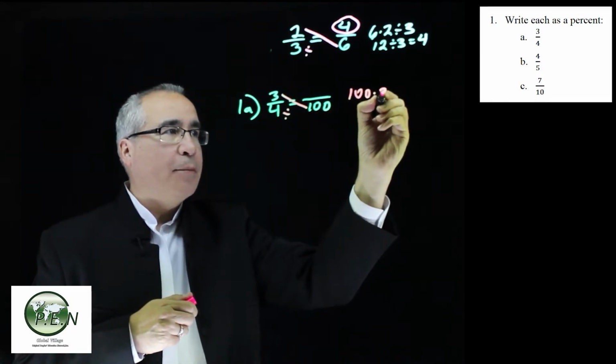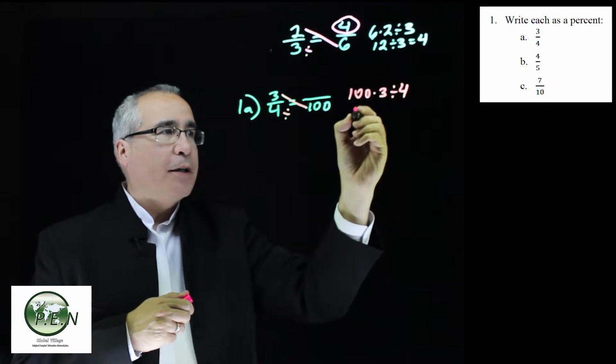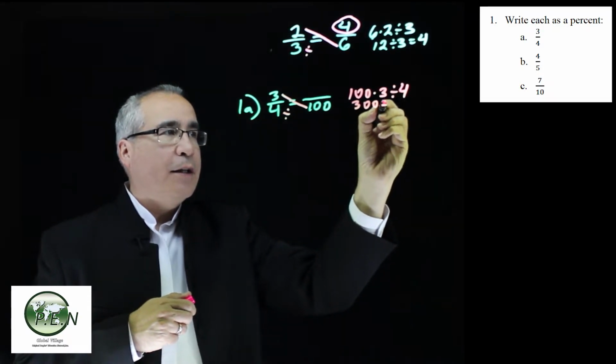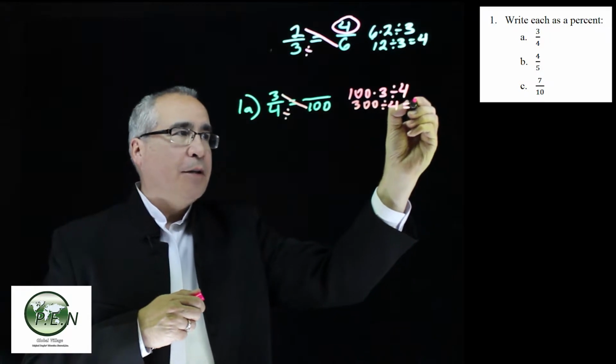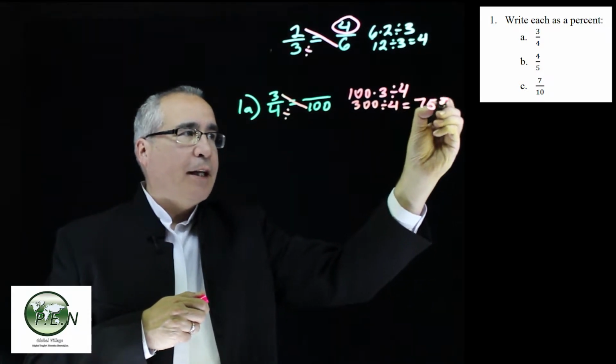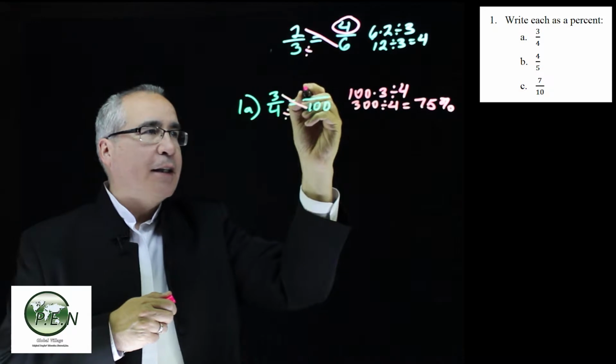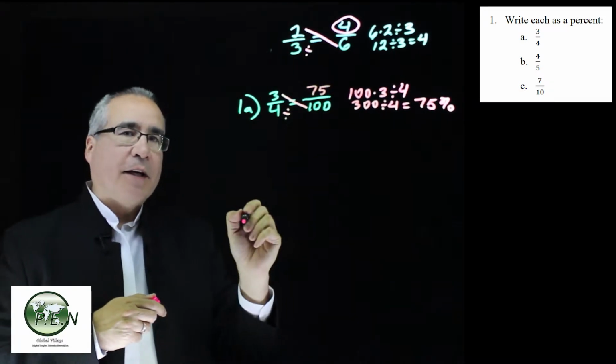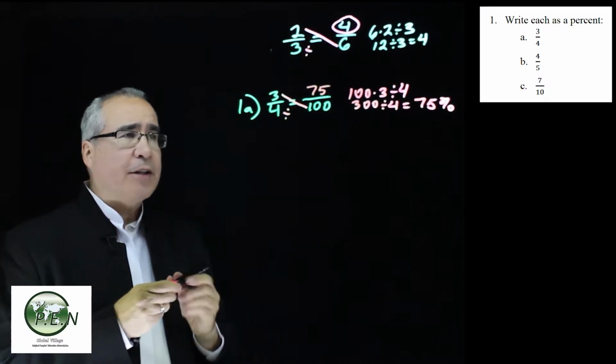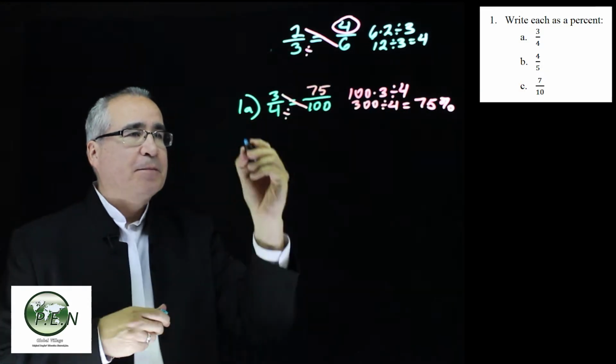That's 300, and when you divide by 4, you'll get 75. That's 75%. The missing number here was 75. And you'll see those two fractions are equivalent.